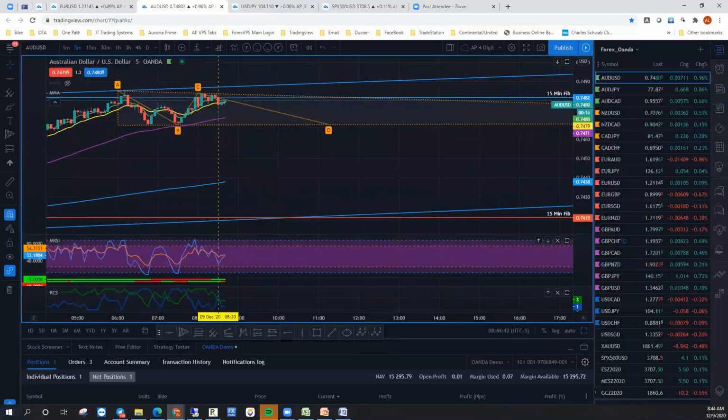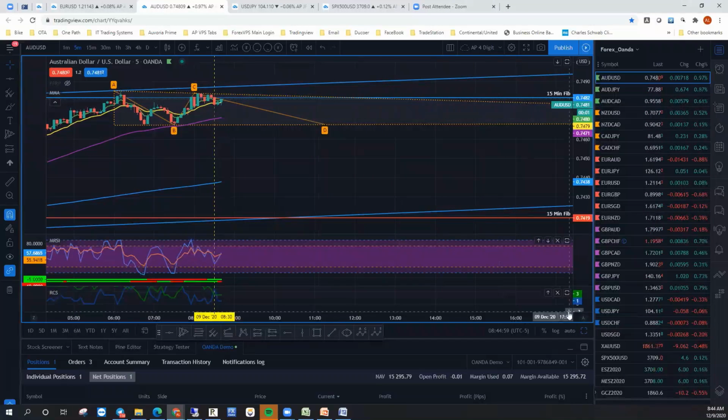Let's look at our RCS tool, and the Aussie is the green one.